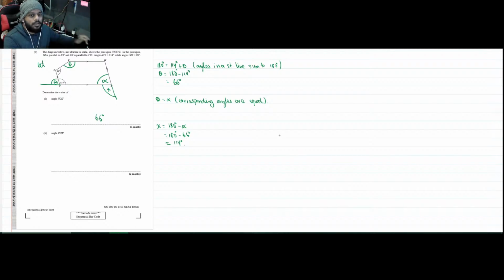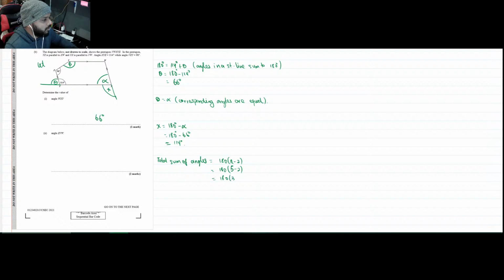Now there's a formula that I showed earlier, where the total sum of angles in any polygon is 180 into n minus 2, where n is the number of sides. In this case, the number of sides is 1, 2, 3, 4, 5. 5 minus 2 is 3.